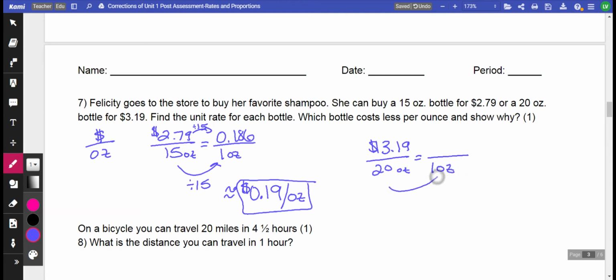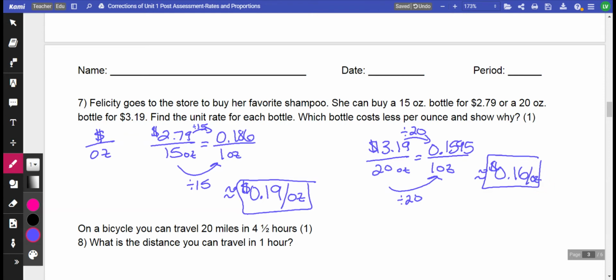The reason why I'm dividing by 20 ounces is because to get from 20 to 1, you divide by 20. Whatever you do to the denominator, you do to the numerator, which gives me 0.15952, approximately 16 cents per ounce. Oops, putting that label of per ounce.